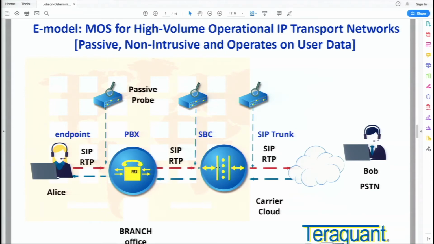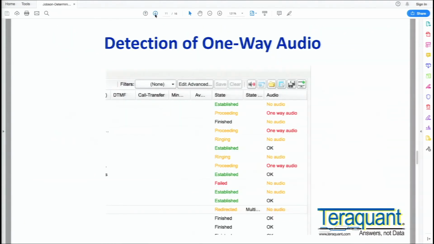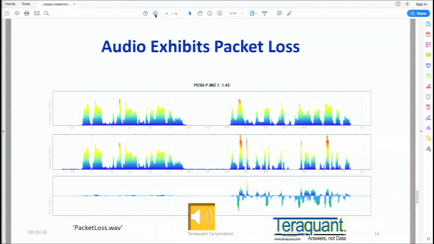Is the RTCP coming from the SBC? Is it coming from the SIP trunking vendor, which it may do? It should be coming from the endpoints. So these are some of the issues it's useful to be mindful of.